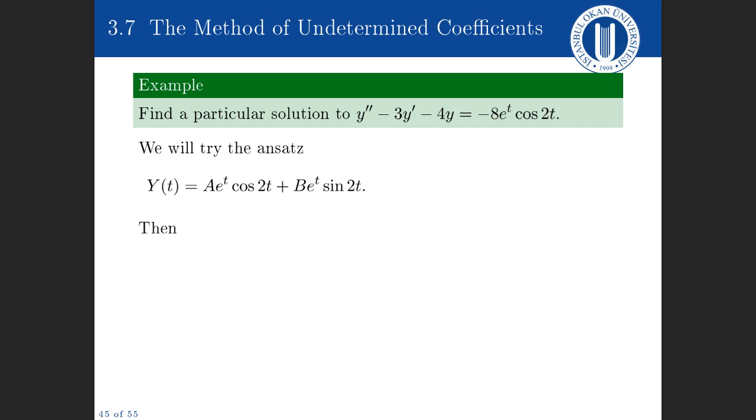Let me just repeat that. Our function g(t) is number e to the t cos 2t. So the ansatz needs to be number e to the power t cos 2t. And then because we're putting cos in, we must also have the same thing, but with sine instead of cos. So also plus a number e to the power t sine 2t.